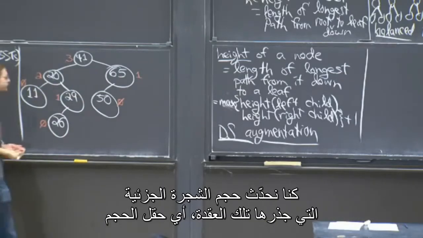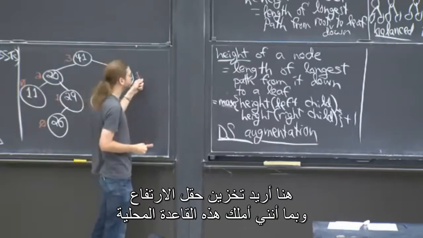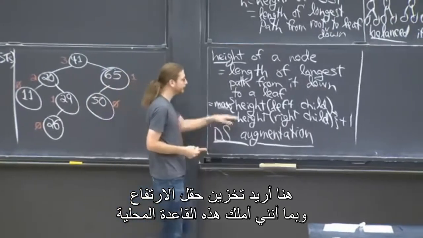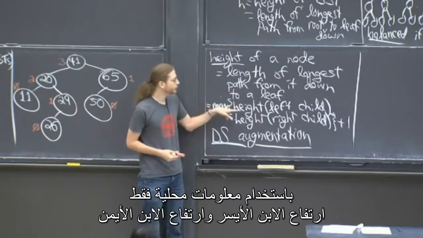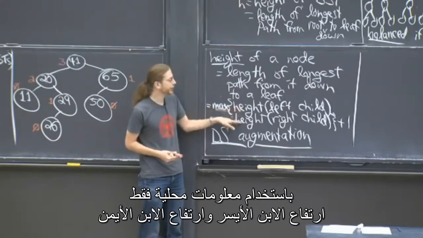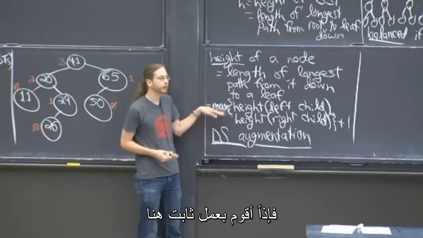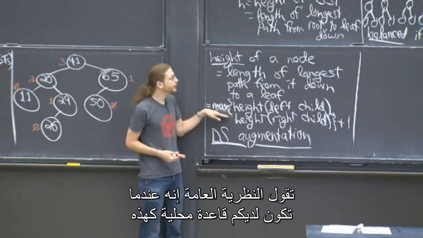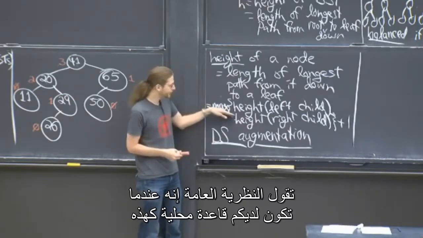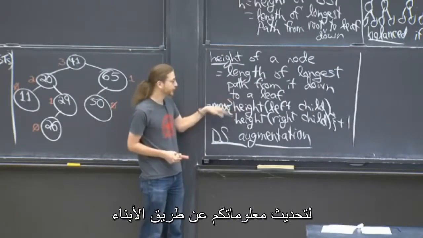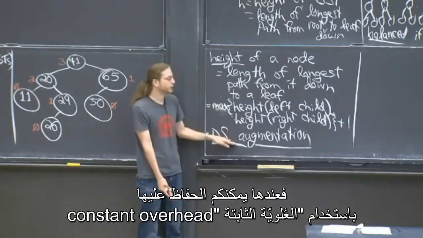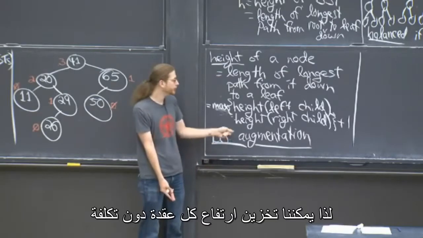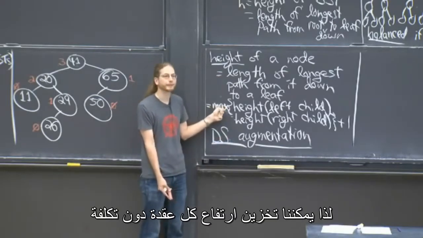Here, I want to store a height field. Because I have this nice local rule that tells me how to compute the height of a node using just local information, the height of its left child and the height of its right child, with a constant amount of work, there's a general theorem. Whenever you have a nice local formula like this for updating your information in terms of your children, you can maintain it using constant overhead. So we can store the height of every node for free.